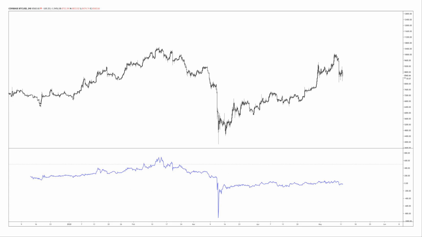Our spot price, Coinbase BTC USD, is going up in a bullish market structure, and price is appreciating. The futures basis is going up as well, but it gets to a point up here where it's really high, and the futures contract is over $600 at a premium to our spot price. That's where contango comes in.